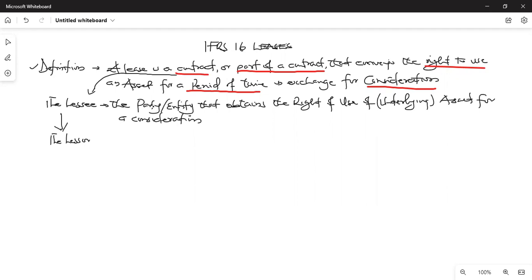Now let's come to who the lessor is, all right? The lessor is the one who provides the right of use.